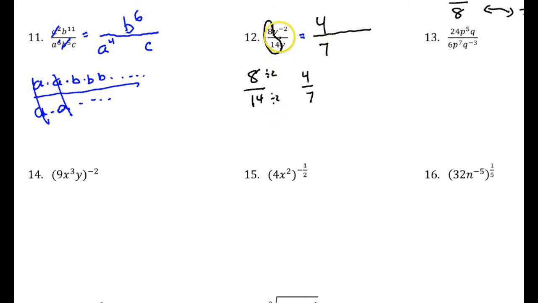The y to the negative 2 will move to the bottom. There's already a y down there. Move that negative 2 to the bottom, and that's now a positive 2. And since this is to the 1 power, we can simplify a little bit more and combine the two y's together. So we have 4 over 7 and then y to the third.